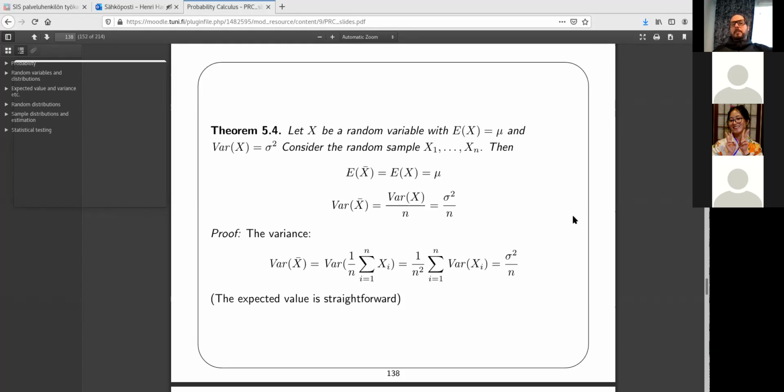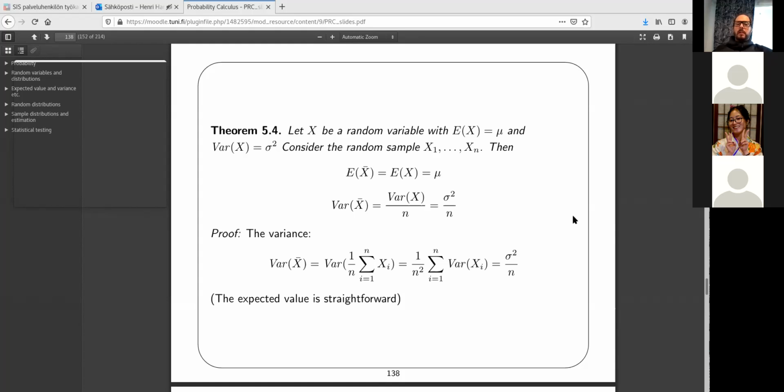If we have the expected value mu of the original variable and variance sigma squared, then the sample mean has the same expected value as the original, but its variance is smaller. It's sigma squared over n. What is the variance of the sample mean?